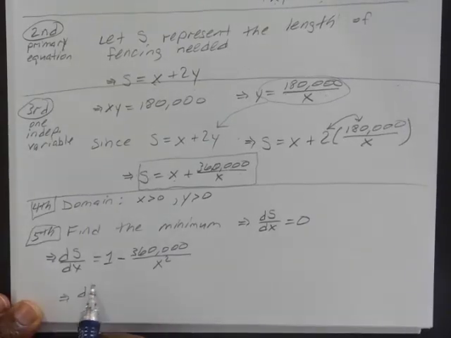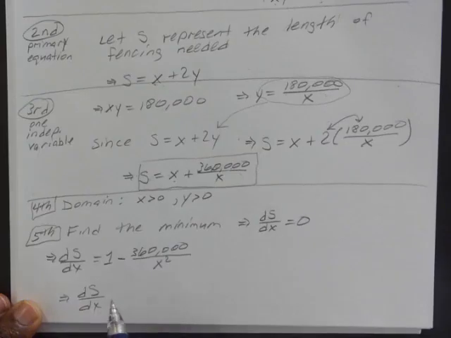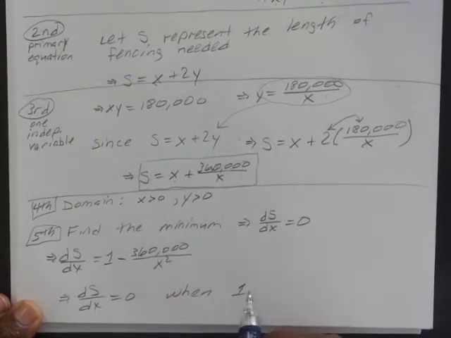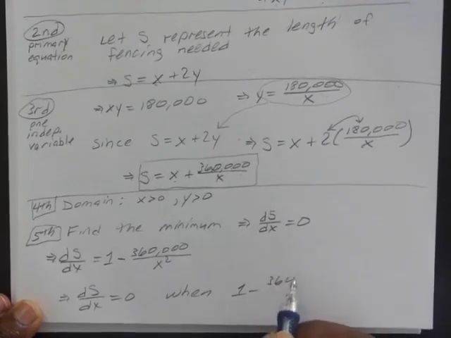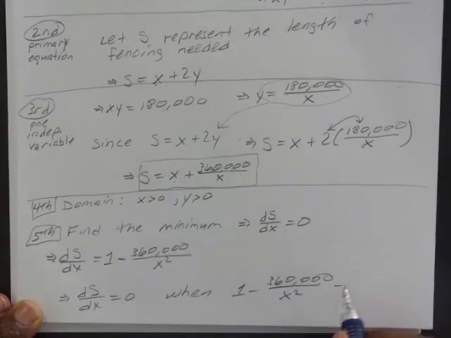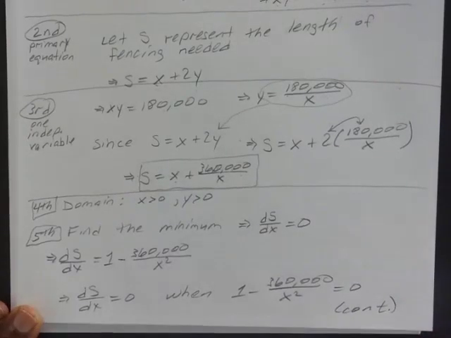So we know the derivative of S with respect to x is equal to 0 when 1 minus 360,000 divided by x squared is equal to 0. And we'll finish it up on the next page.